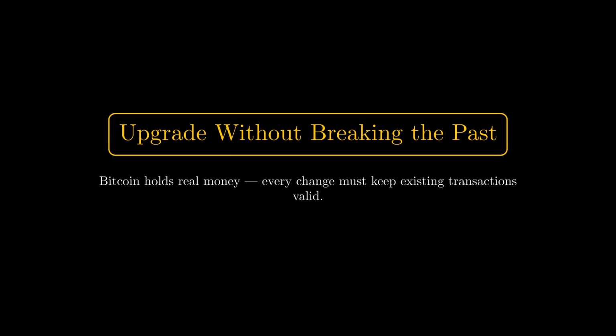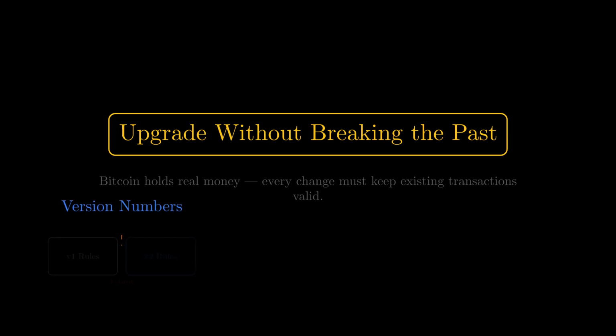Both of these design choices, versioning and the marker byte, reflect a single philosophy: upgrade without breaking the past. Bitcoin holds real money. People lock funds in contracts that won't execute for years. Every protocol change must guarantee that existing transactions remain valid.